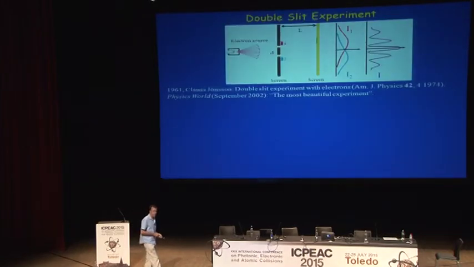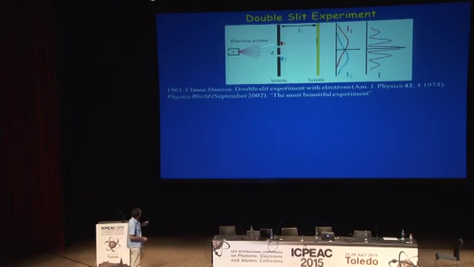And I should thank the speaker of the last session in the morning, who spoke about this, especially telling about the debates between Niels Bohr and Albert Einstein. So I will skip all of this, and I will focus on the experiment performed by Claus Jönsson.